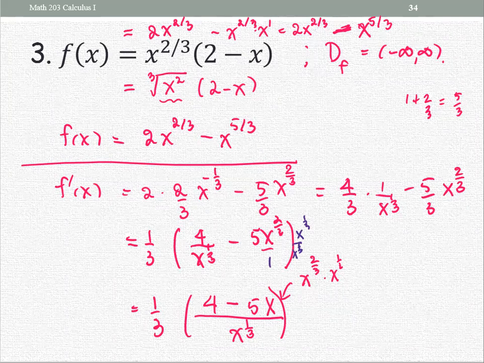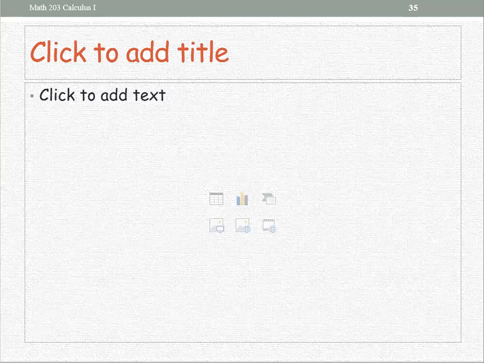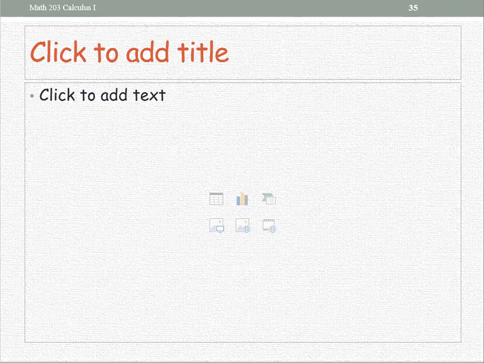Because the next step is to find the critical number. A critical number comes from f prime equal to 0 or f prime undefined. This is the easy and less complicated way to help you find the critical values without getting lost.